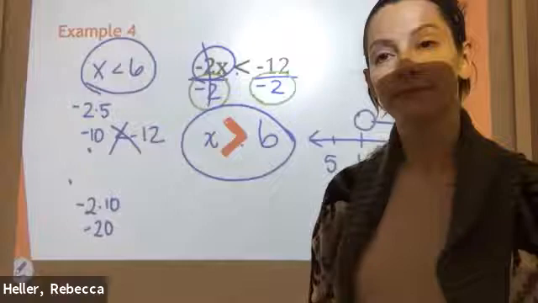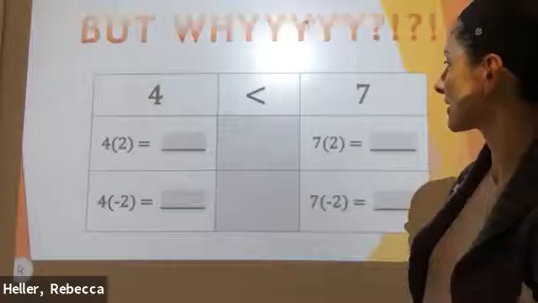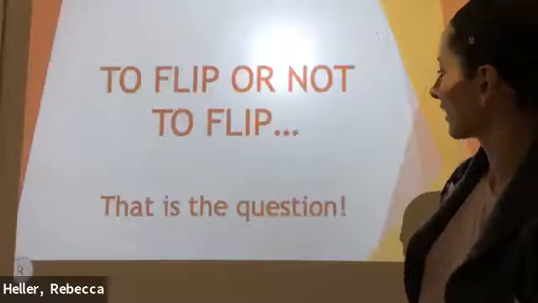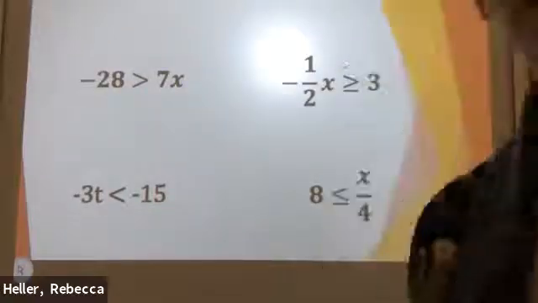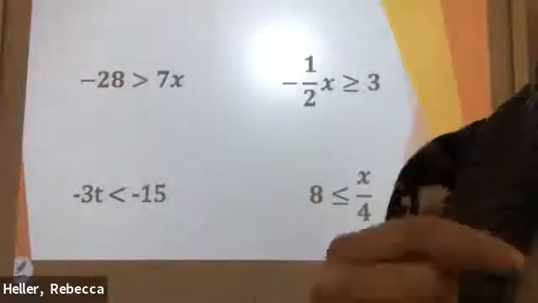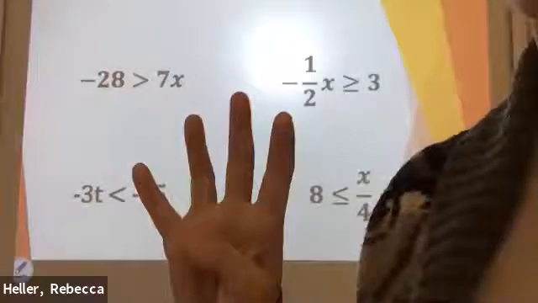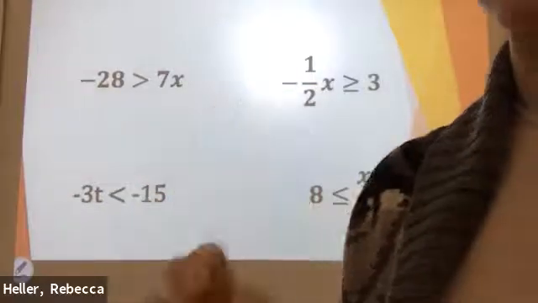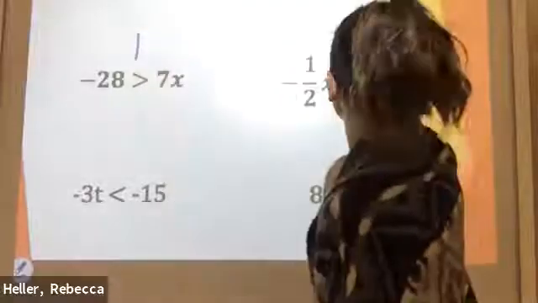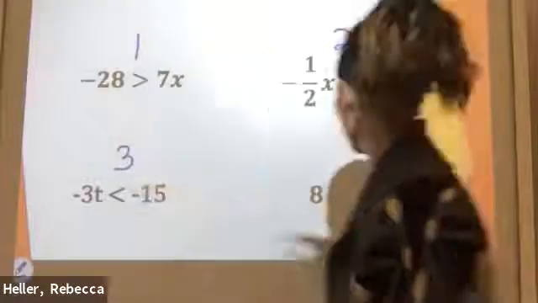All right, here's what I want you guys to do. I'm going to number these 4 problems, and I just want you to type directly, privately to me in the chat, which of the 4 problems would you have to flip? So number 1, 2, 3, 4.